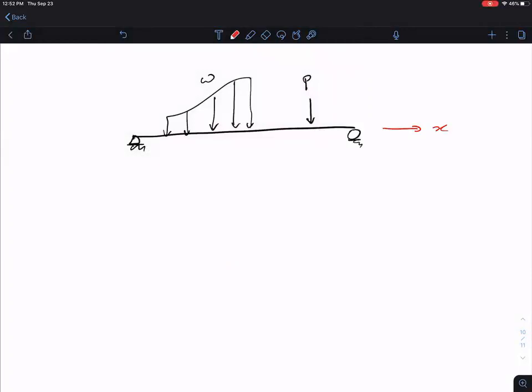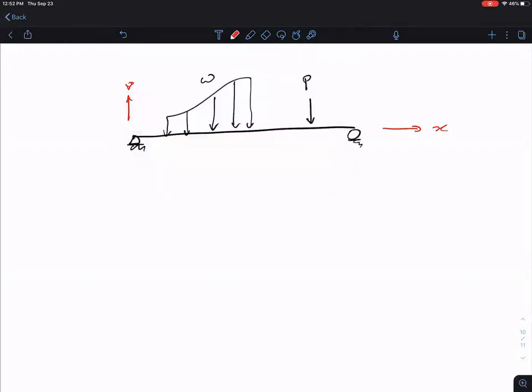We'll define the displacement in the perpendicular direction as v. And then we know that this loading is going to cause some internal deformation, right?